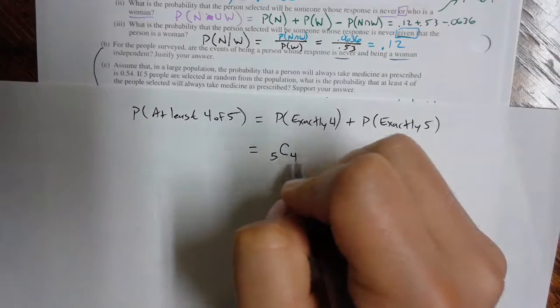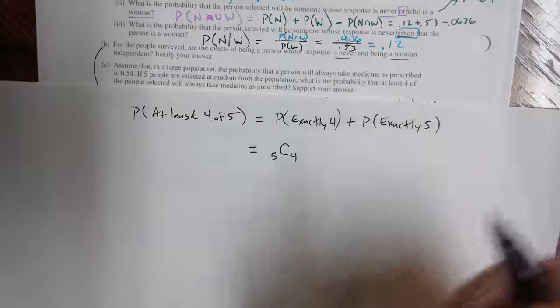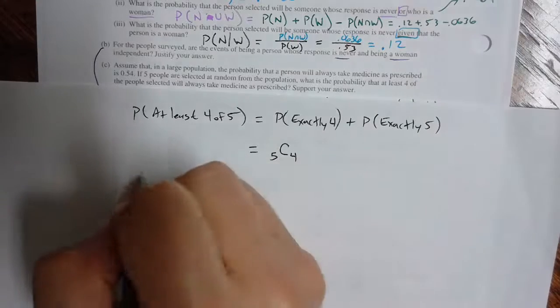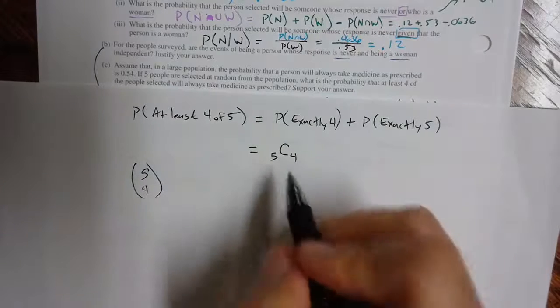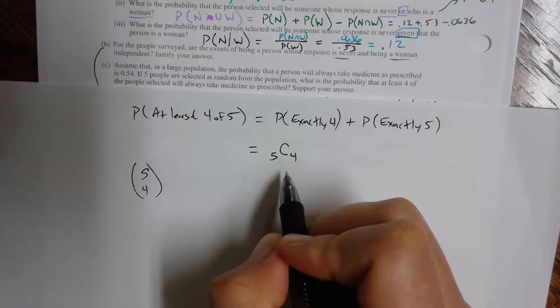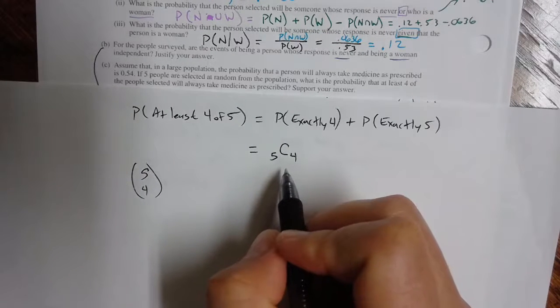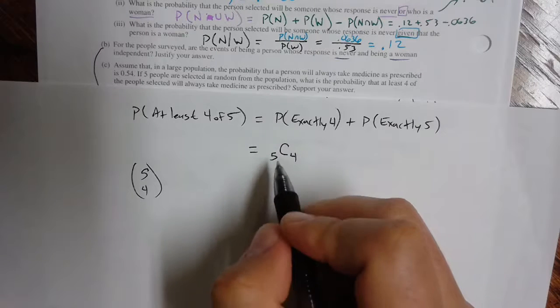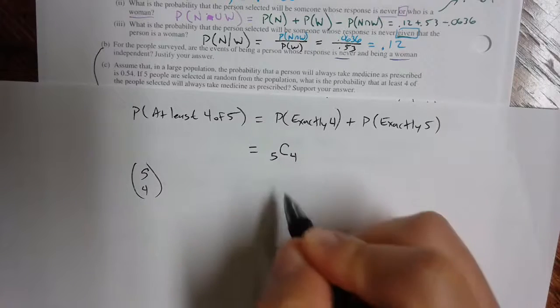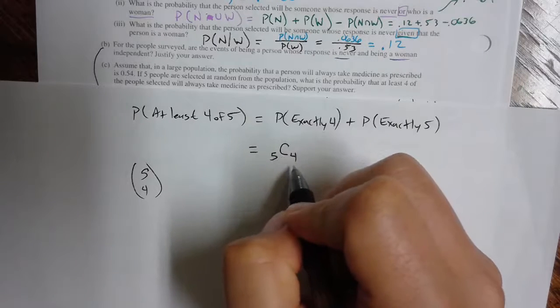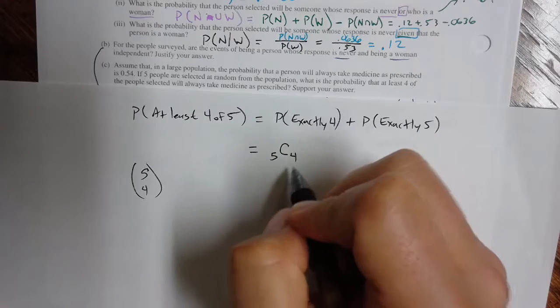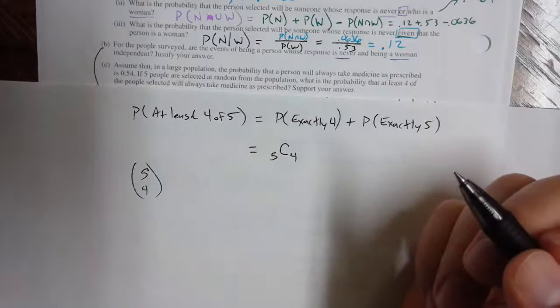So 5C4, or you can use another notation for that. You might have seen this before too. The 5C4 is a little preferred from my perspective, just because in your calculator this is typically the notation that you'll see. So 5C4 represents the number of objects, and you can choose any 4 of them to be success. And this number happens to be 5 in this case if you were to type it in.